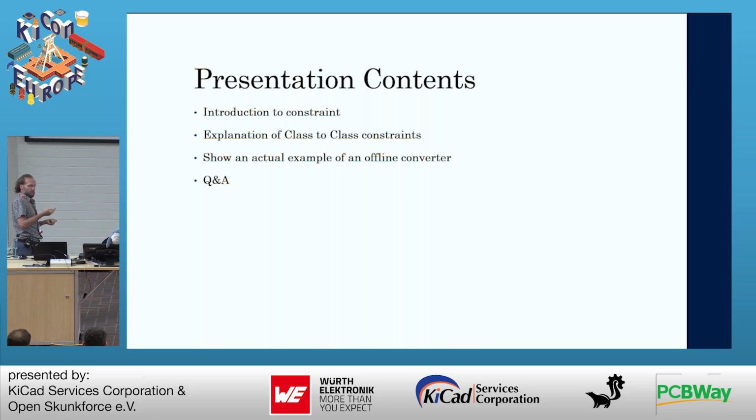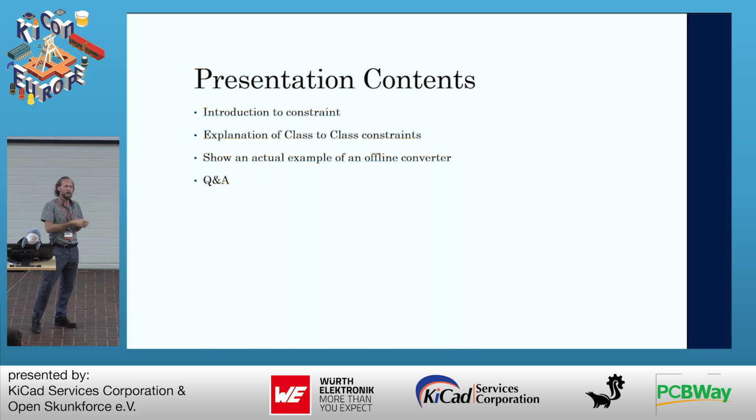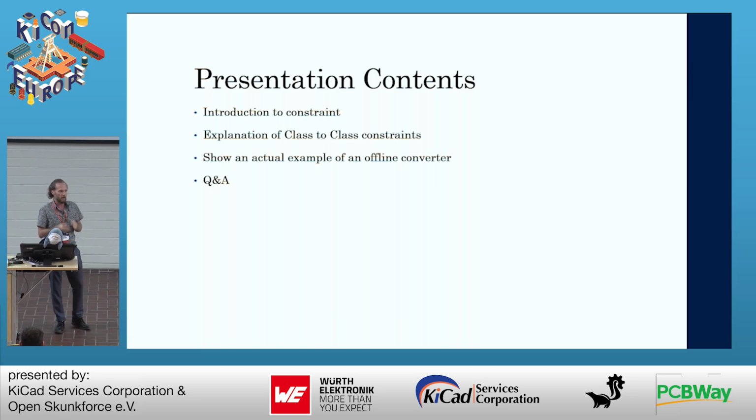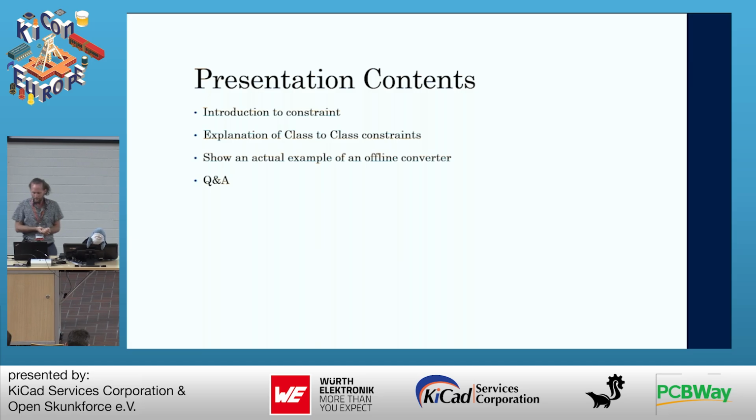And then we're going to dive into the actual design of an offline converter. I'm not going to spend too much time on how to design an offline converter, but more on taking the offline converter as an example of how to use netclass to netclass constraints, because an offline converter is a perfect example of explaining exactly that. And then, of course, we're going to finish off with some Q&A.